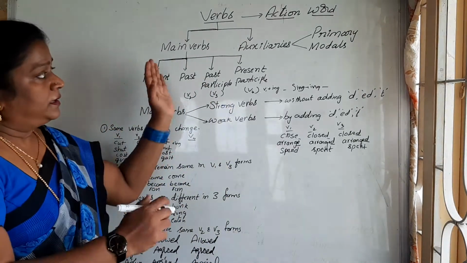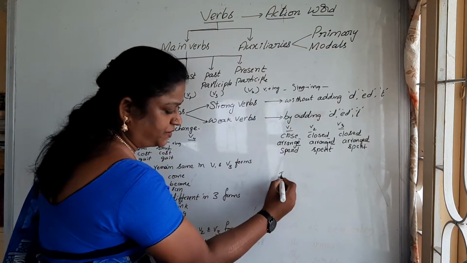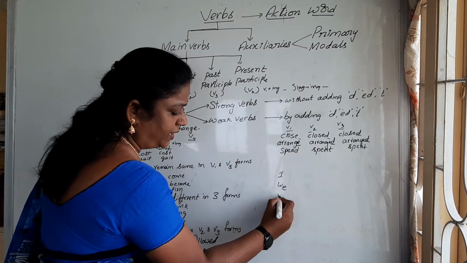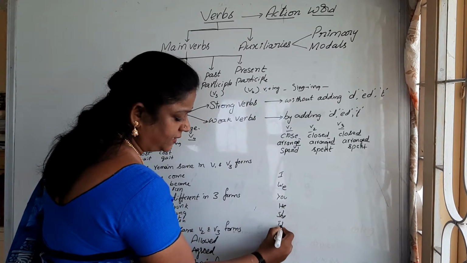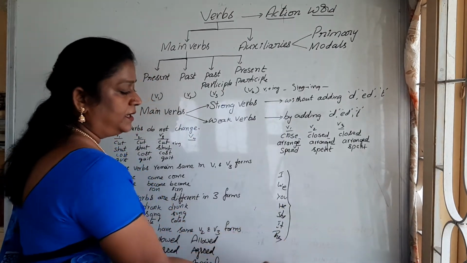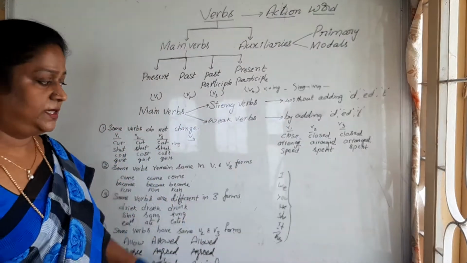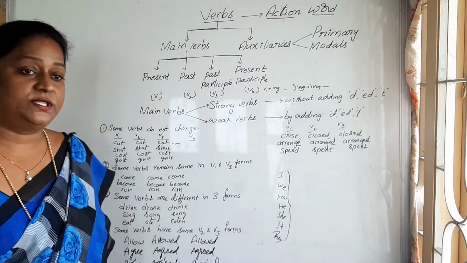And see, we have some subjects: I, we, you, he, she, it, they. These we have seen in personal pronouns. These are called personal pronouns and are also called subject pronouns.